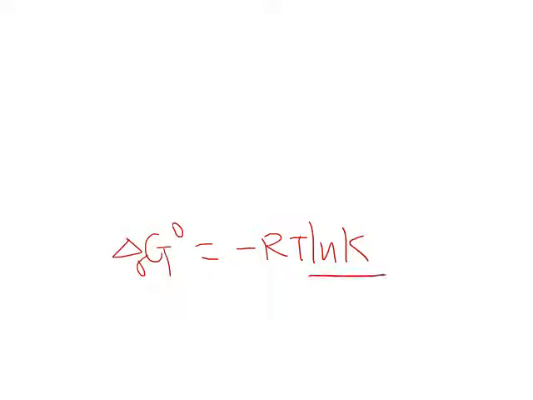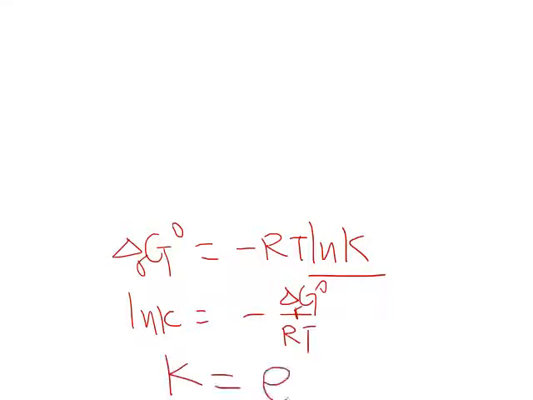To calculate K at 1173, we use this equation again. Reaction standard Gibbs energy equals negative RT ln K. So ln K is negative delta G divided by RT, and so K should be e to the negative delta G over RT.